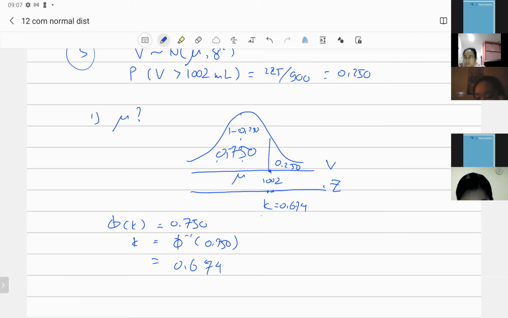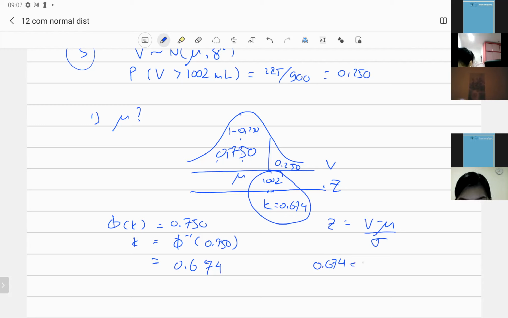Now that we have the value of k, we can use the formula for changing from x to z. We know z in this case is 0.674.